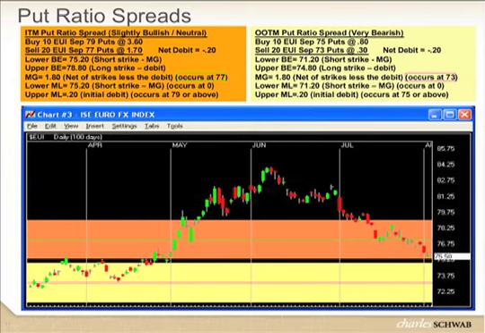My upper break-even is 78.80, which is the top edge of that orange zone, and ideally our perfect spot to get to is exactly at 77, which is my maximum gain. And what I did was I drew in a green line there, right in the middle of that orange zone. That's your target. Now you're hitting a moving target, and you're just trying to get as close to that target as you can, but you know you're not going to hit it exactly.